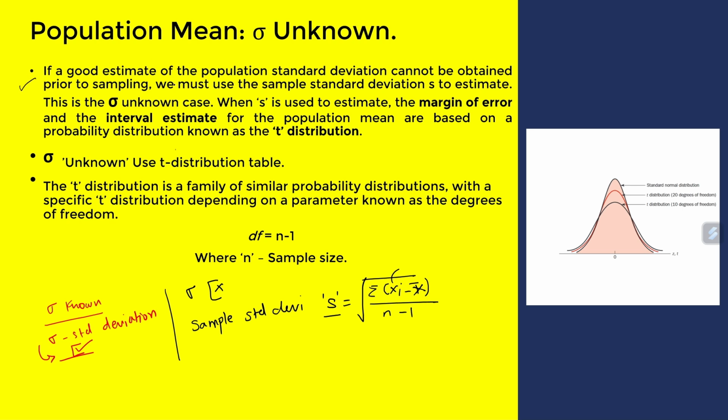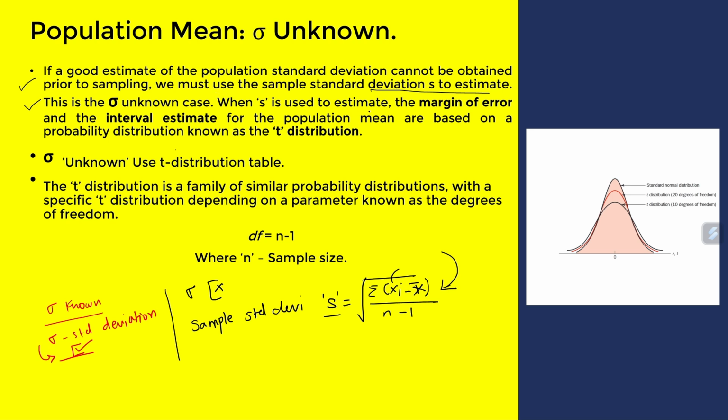If a good estimate of the population standard deviation cannot be obtained prior to sampling, we must use the sample standard deviation s to estimate it. The s, which is the sample standard deviation, can be used to determine the interval estimate. Such a case is called a sigma unknown case. So we don't have a sigma, and we have to calculate the sample standard deviation.